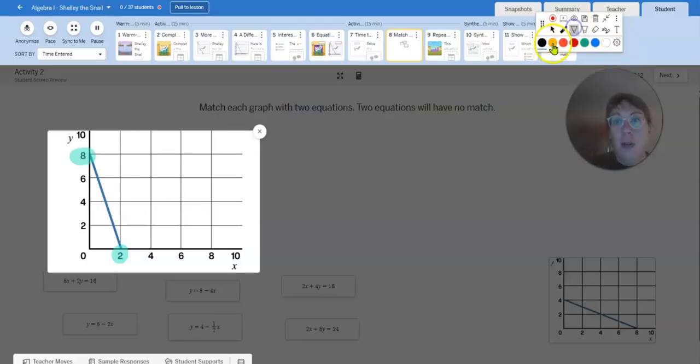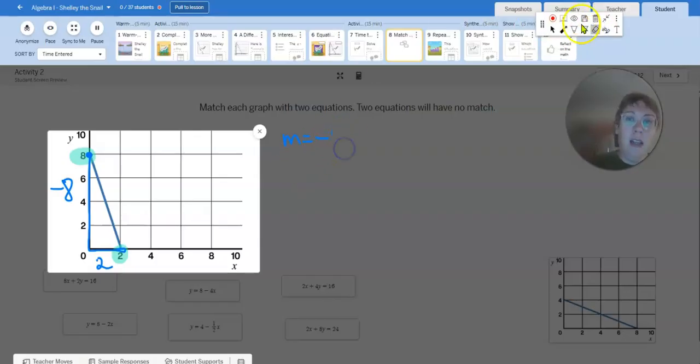So our slope is, from this point to this point, we're going down 8 and over 2. So that's down 8 over 2. So our slope is going to be -4.